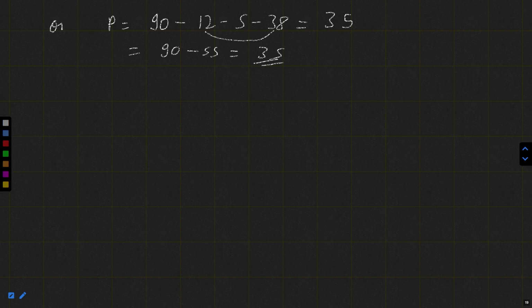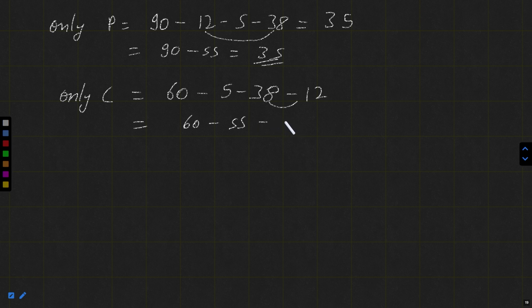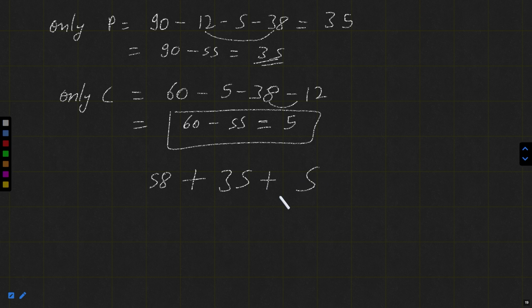Now for only physics students and only chemistry students. For the chemistry students, the number was 60, minus 5, minus 38, minus 12, which gives 5.